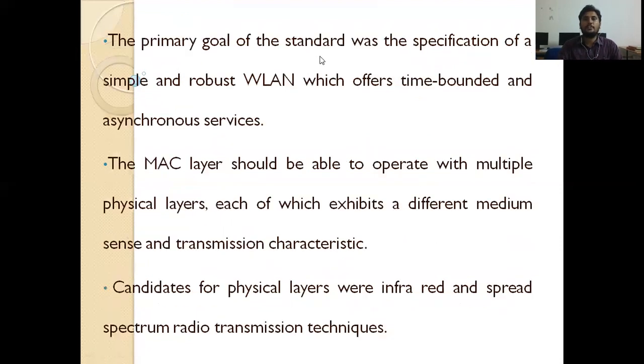The primary goal of the standard was the specification of a simple and robust wireless LAN which offers time-bounded and asynchronous services. The MAC layer should be able to operate with multiple physical layers, each of which exhibits a different medium sense and transmission characteristics. The candidates for physical layers were infrared and spread spectrum radio transmission techniques.